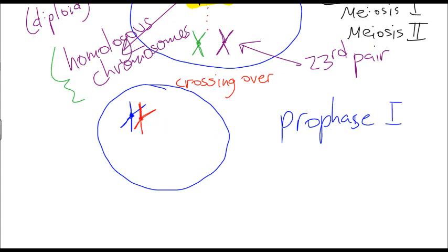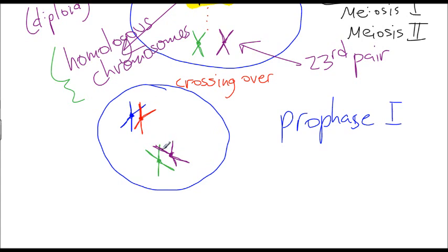We've got a pair here of homologous chromosomes, and we've got another pair here of homologous chromosomes. And we're going to cross over here again. And so they're paired up during prophase 1.